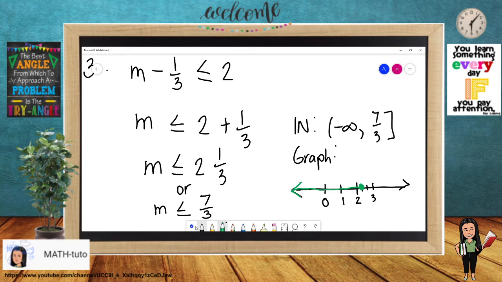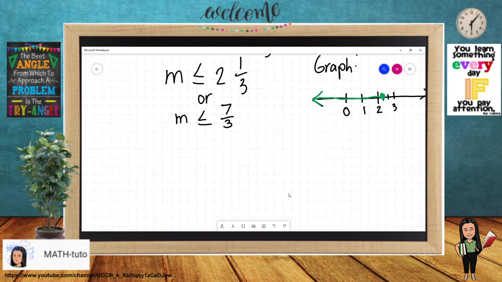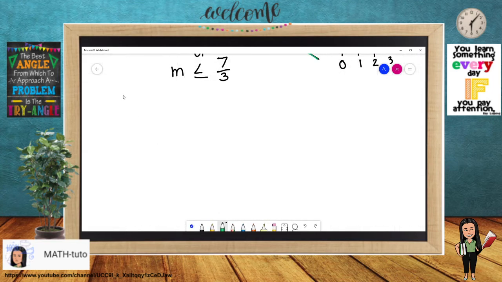So let's have another example. n plus 0.8 is greater than or equal to 1.34.